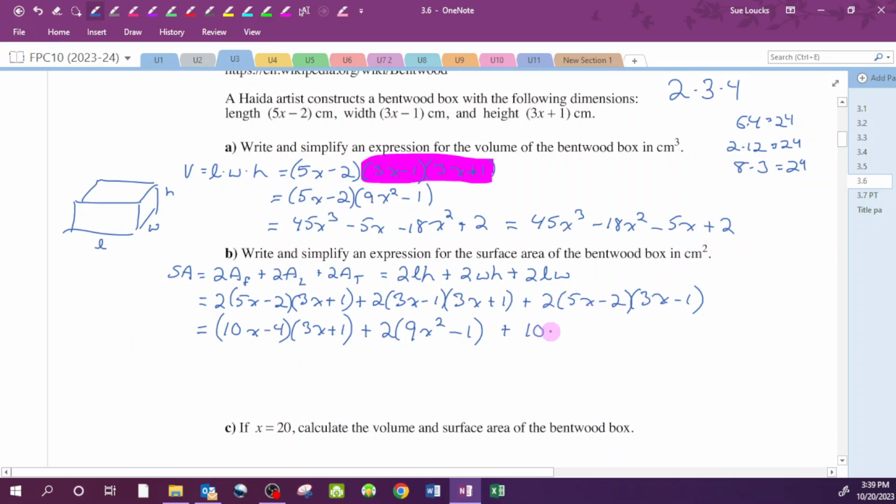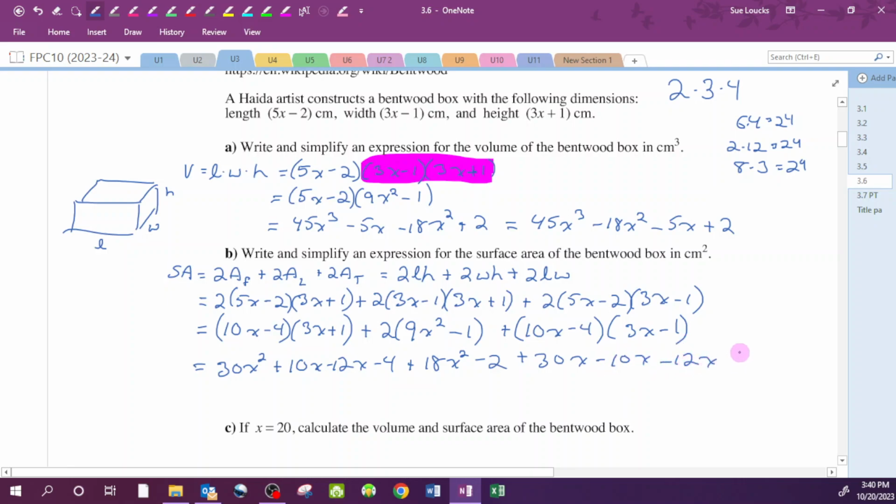Okay, I've got 10x minus 4 times 3x minus 1. And now I'm going to multiply these two together. So this is going to be 30x squared plus 10x minus 12x minus 4 plus 18x squared minus 2 plus 30x minus 10x minus 12x plus 4.